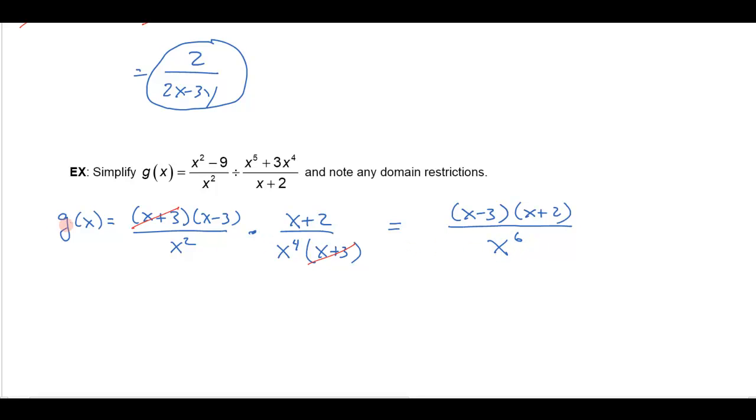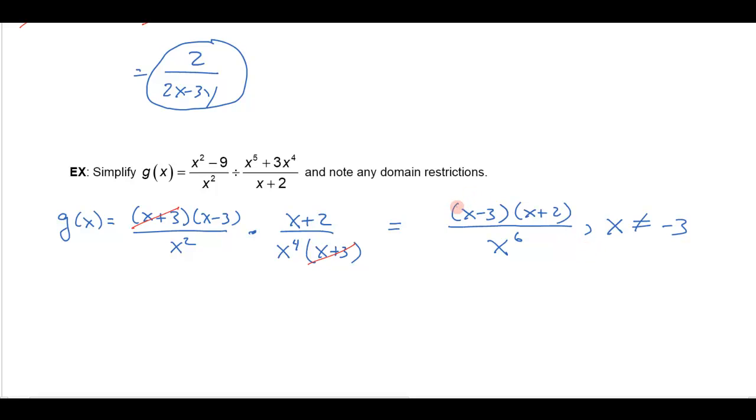Now if I'm going to say this function really does equal this over here, I really need to take into account that when I cancel that x plus 3, I am making an assumption that x does not equal negative 3. Alright, so if I do that, then I'll be fine and I won't have any domain restrictions.